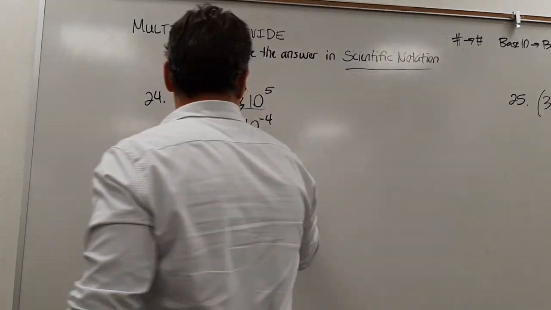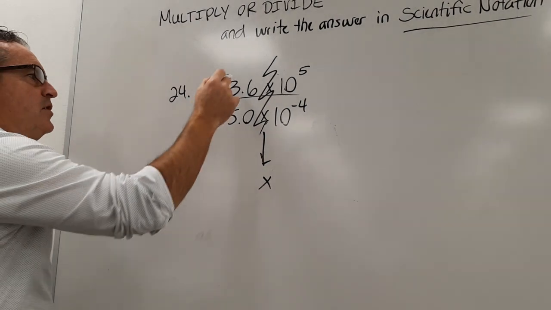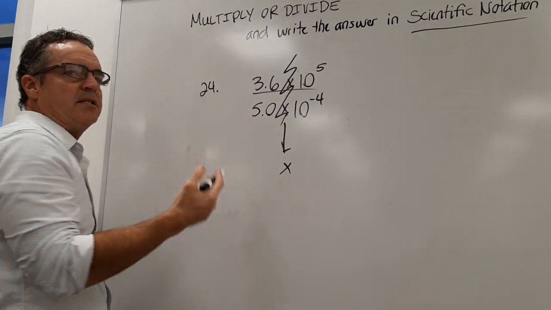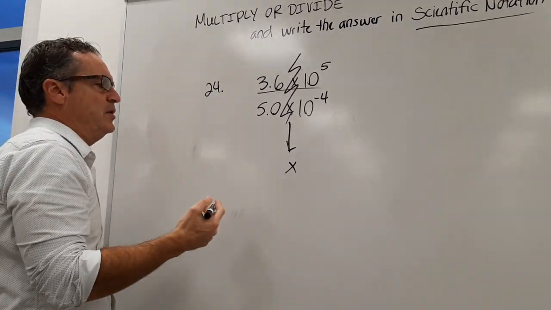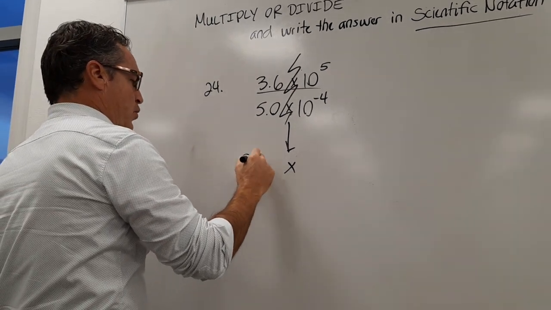Let me come over on this side. And we can drop that times into here. And so we take these 2 numbers and divide them. 3.6 divided by 5.0. What do we get? 0.72.